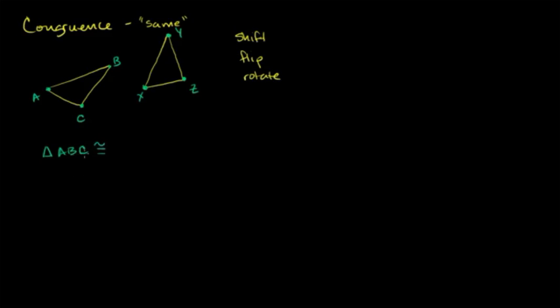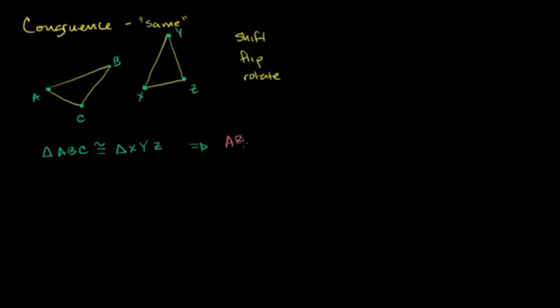If we know that triangle ABC is congruent to triangle XYZ, that means that their corresponding sides have the same length, and their corresponding angles have the same measure. So if we make this assumption, or if someone tells us that this is true, then we know, for example, that AB is going to be equal to XY.